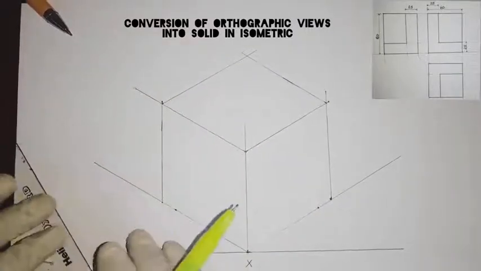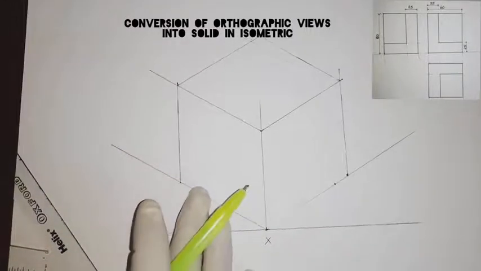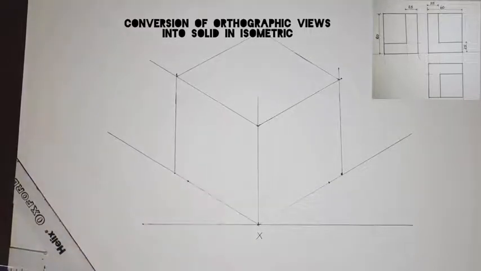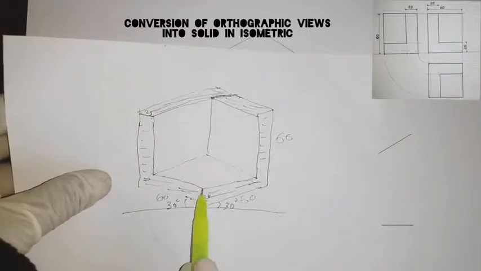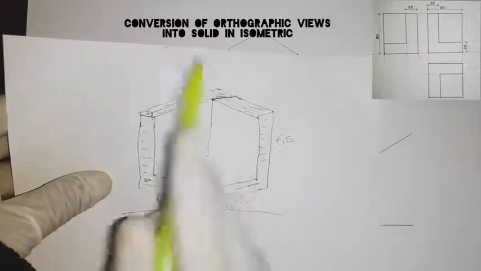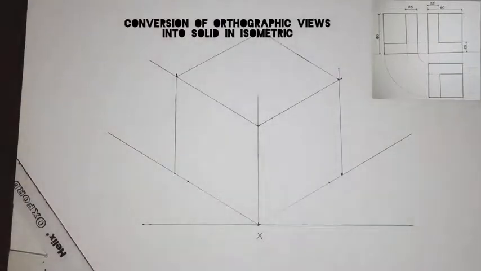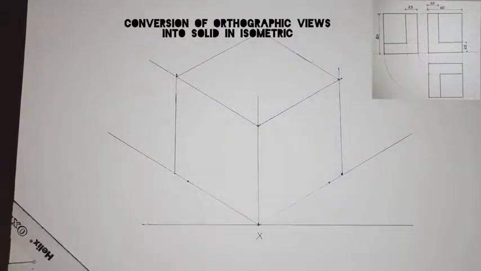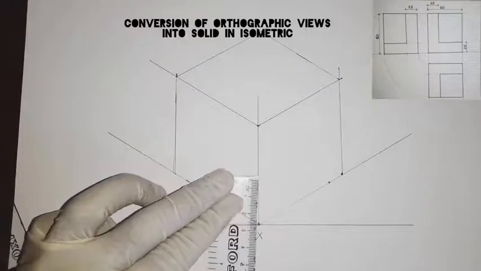Now once you have had that, we can measure 25 so that we cut 25, okay, the thickness. So just come and measure 25 using this.